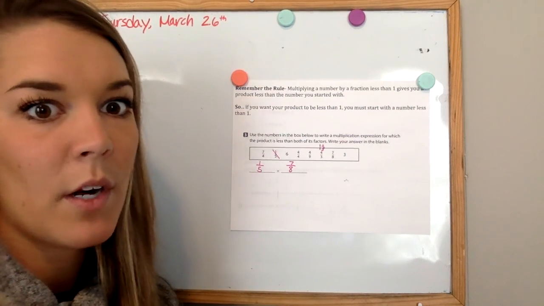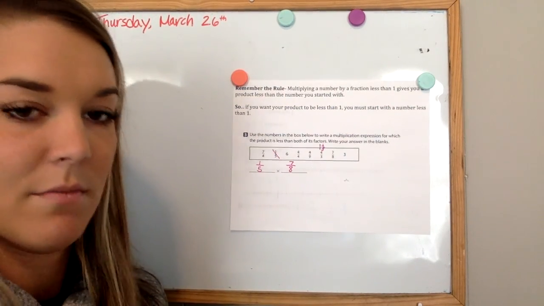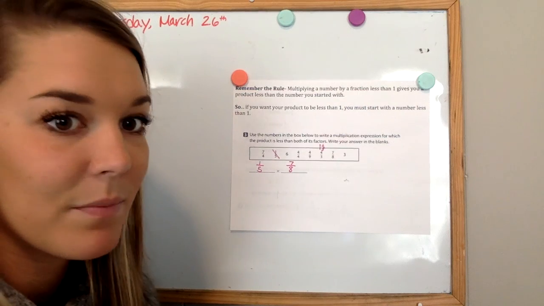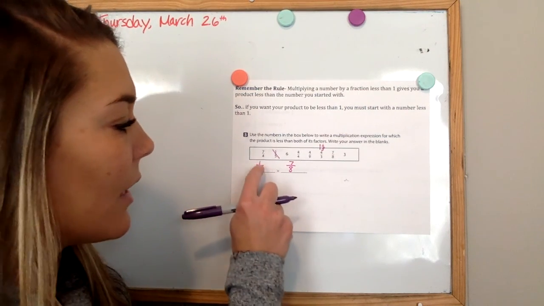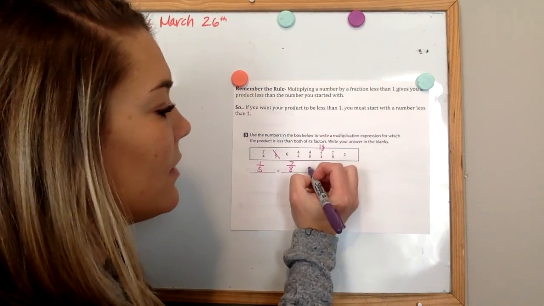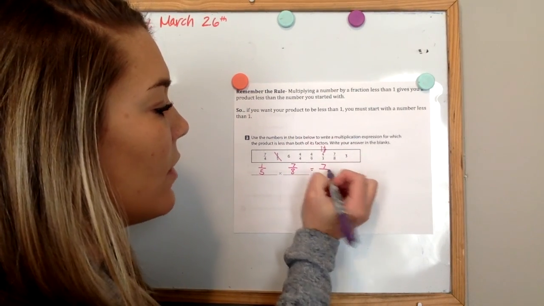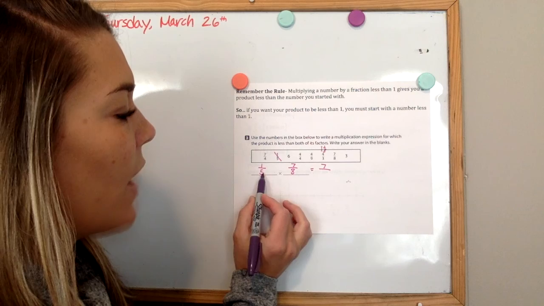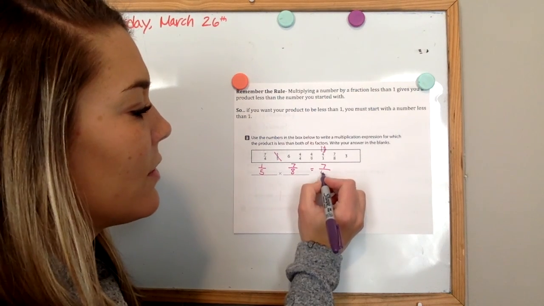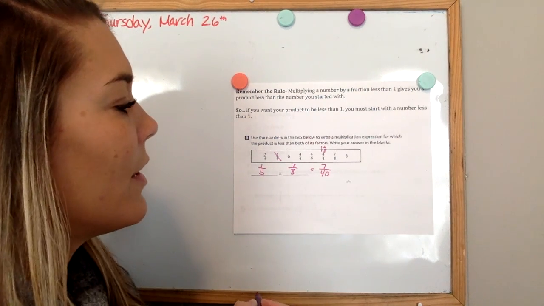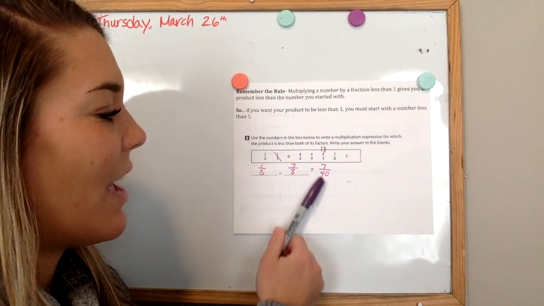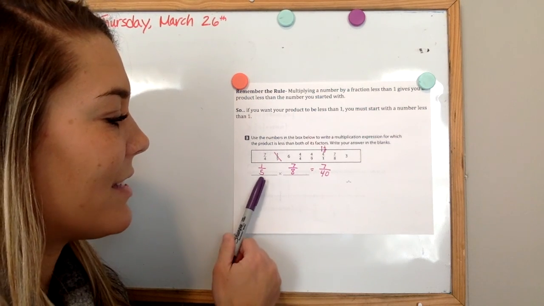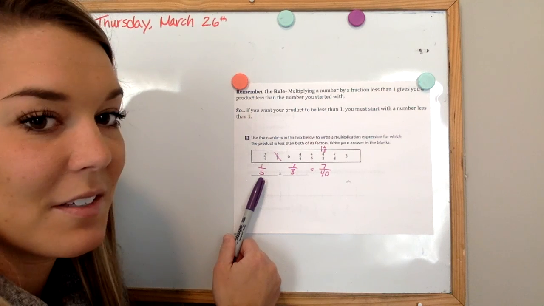Now, of course, I wouldn't want to just enter my answer in and say, that must be right. I need to check it. So to check it, I'm going to find the product by multiplying. So 1 times 7 is 7 over 5 times 8 is 40. So I need to figure out, is 7/40 less than 1/5?